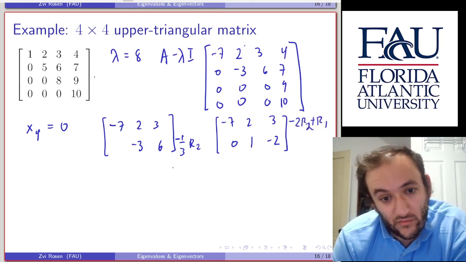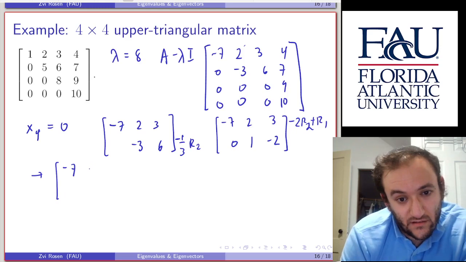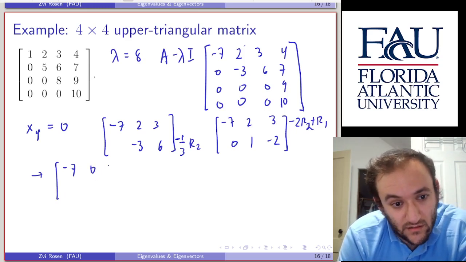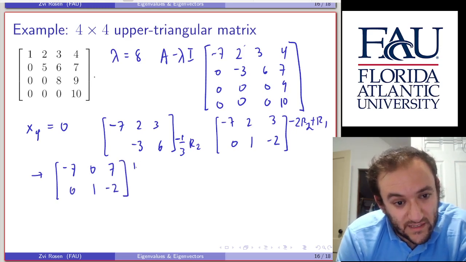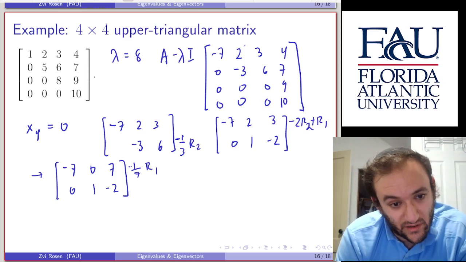R2 plus R1, and I get minus 7, 0, and 7, 0, 1, minus 2. And I'll scale this first row by minus 1/7, why not?